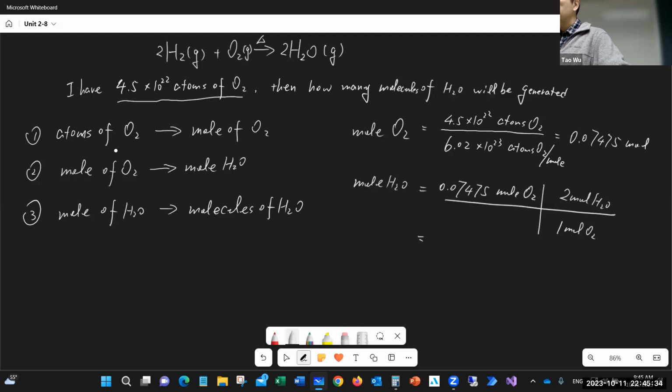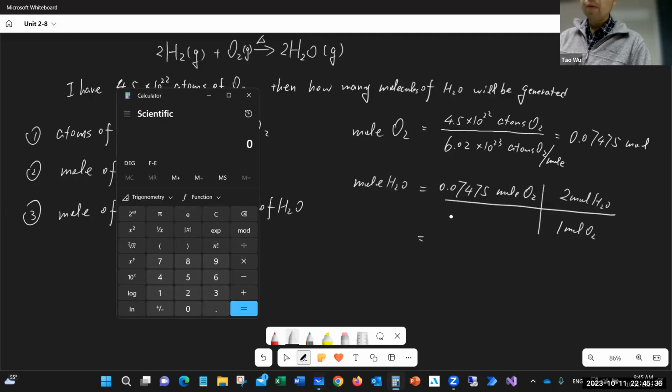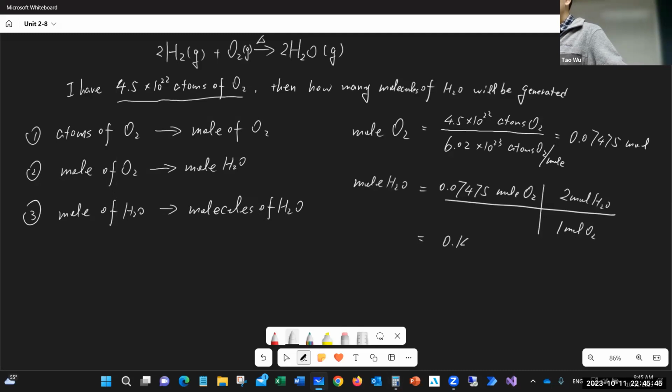So now you can base on this to figure out the moles of water: 0.1495. And that's going to be the moles of water that it can generate based on the moles of oxygen.